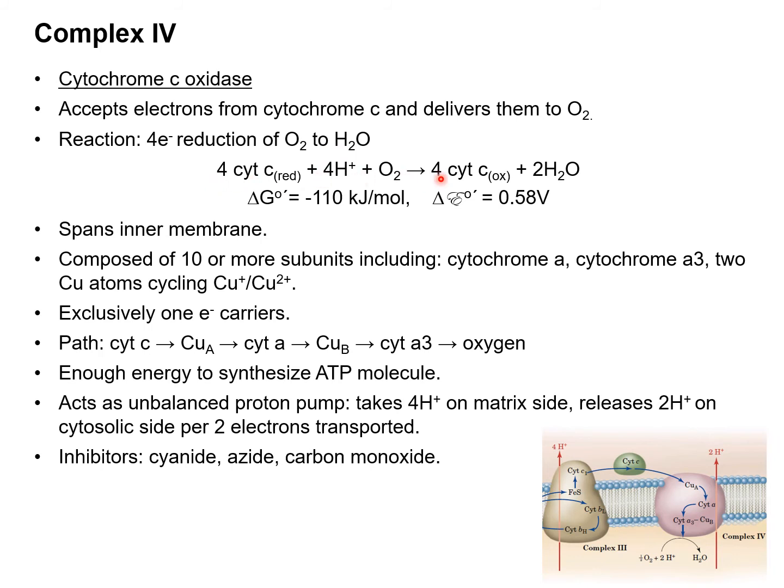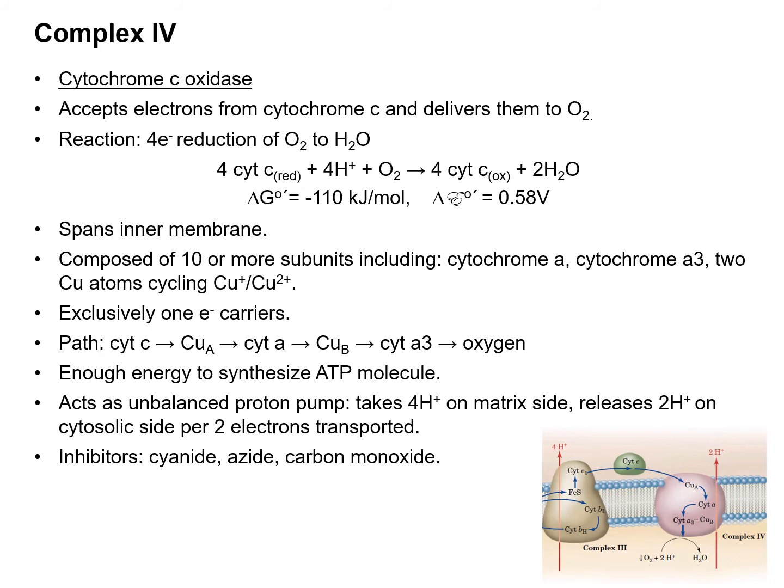Here's the actual reaction with the delta G naught value as minus 110 kilojoule per mole, so it's highly spontaneous too. And here's the E naught prime value, and it also spans the inner membrane. This complex 4 is composed of 10 or more subunits, including cytochrome A, cytochrome A3, and 2 copper atoms, cycling between copper mono and divalent.